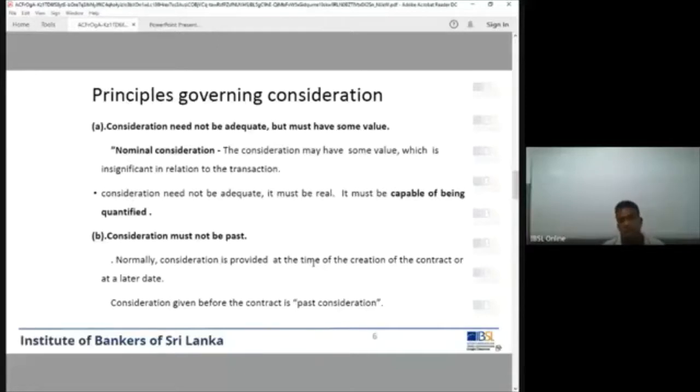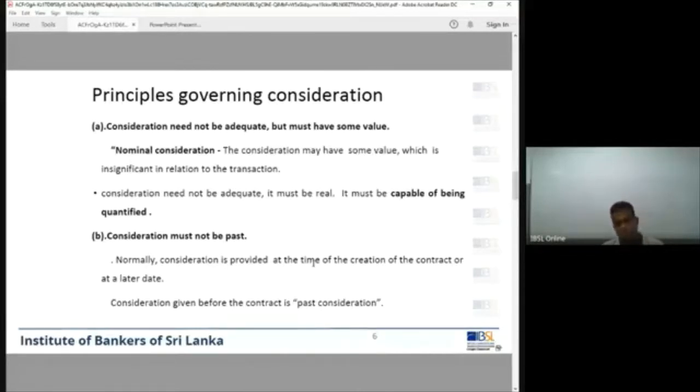Then the second point, consideration must not be past. That means you can't take a consideration or value that you paid previously in the past for a present contract. Normally the consideration is provided at the time of the creation of the contract or at a later date.